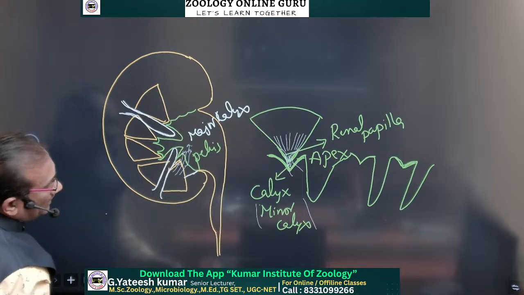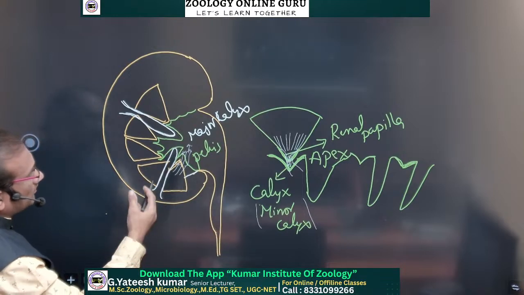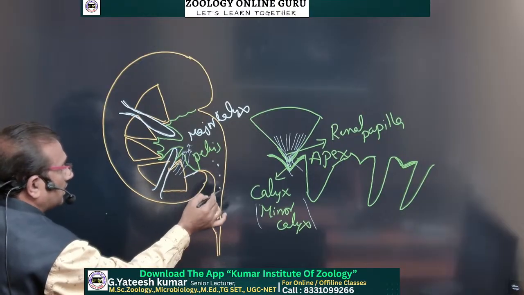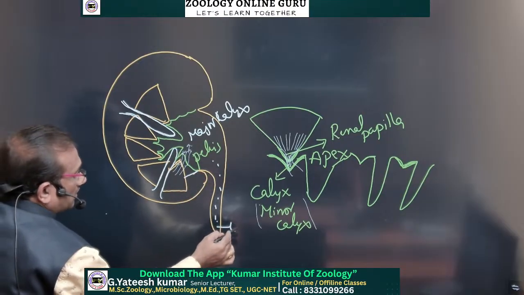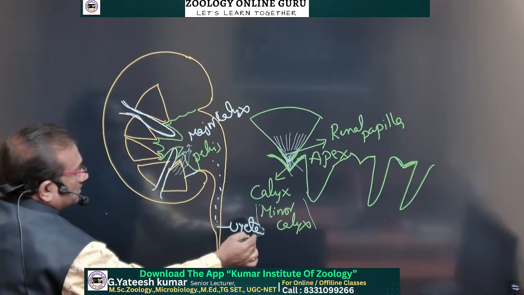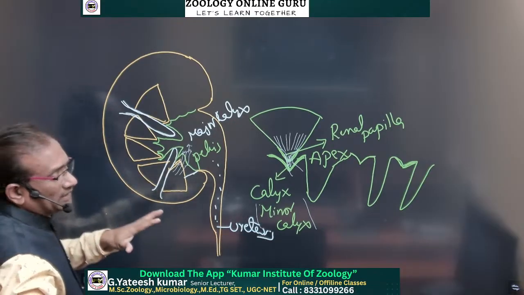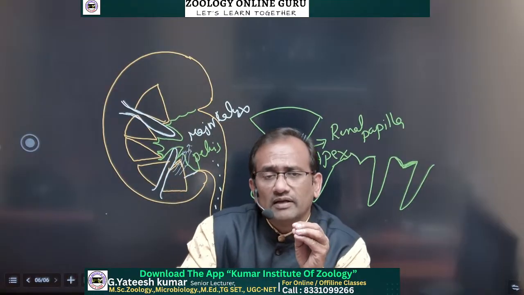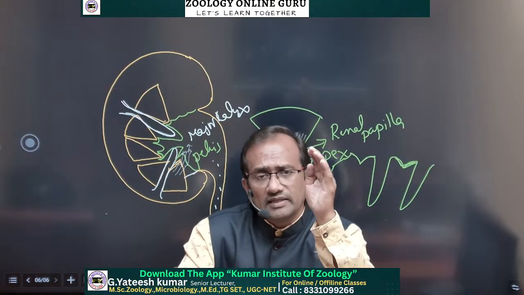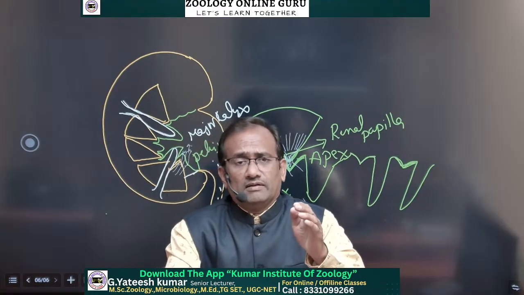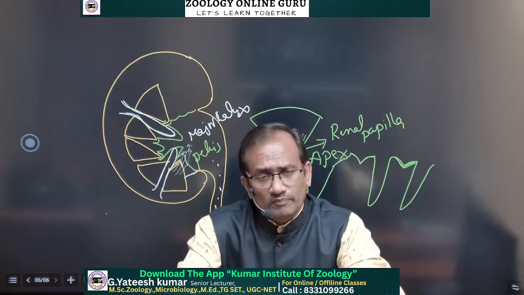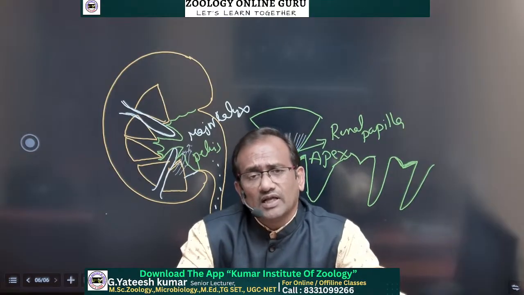So minor calyx and then major calyx, then the pelvis, and from the pelvis the urine comes into the ureters. What I am telling here is that the renal pyramids are triangle shaped. In the renal pyramids nephrons are present, and each nephron has a collecting tubule.